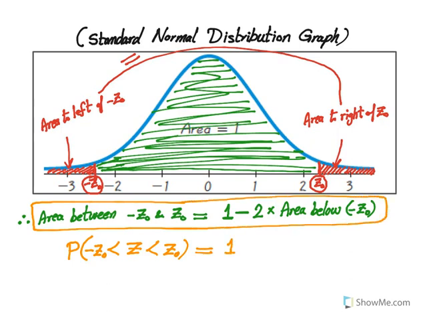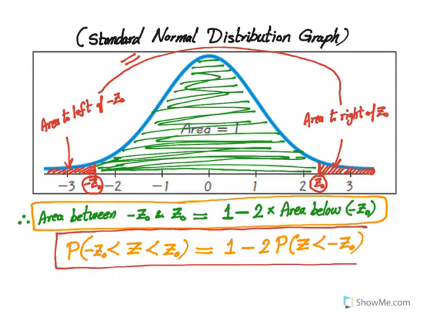This will be 1 minus twice, 2 times the probability that Z is less than negative Z0. So I will highlight this in red because this is what we will use now. The probability that Z is between two Z scores that are the same, negative and positive, so negative Z0 and positive Z0, is 1 minus twice the probability that Z is less than negative Z0.